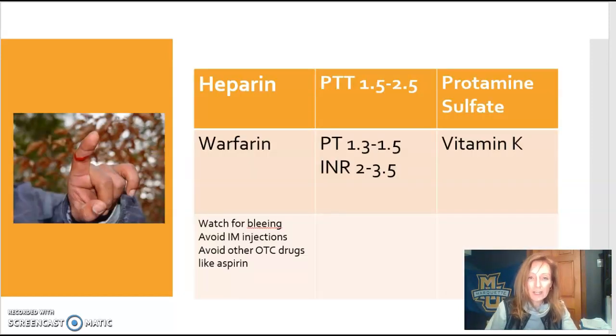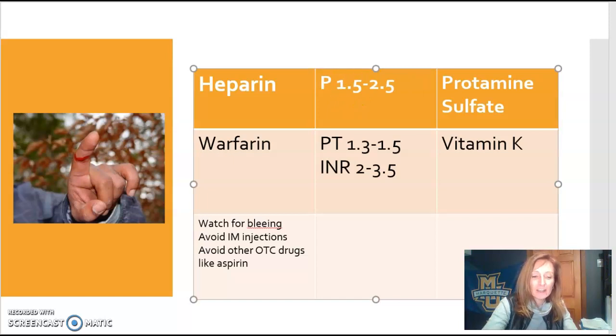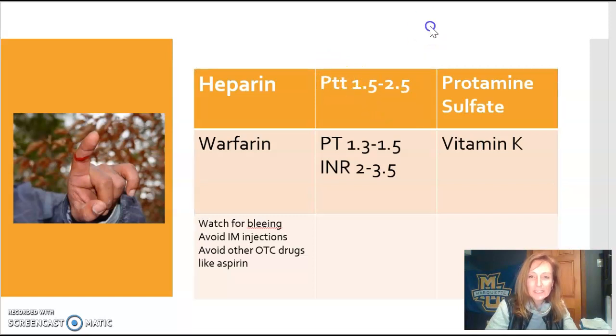So I kind of summarized this for you. If you have your patient on heparin or warfarin, you want to kind of memorize these numbers. If you have a patient on heparin, you're monitoring that PTT. Again, remember the two small t's together look like an H. That looks more like an H. PTT should be 1.5 to 2.5 times, and your antidote, protamine sulfate.